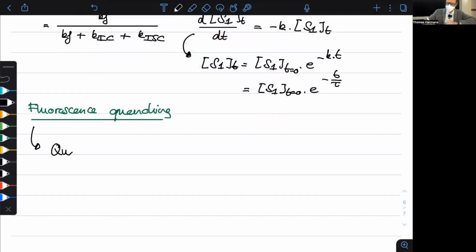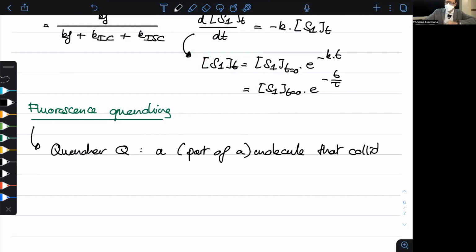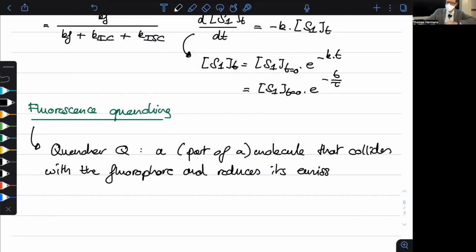So a quencher, Q, is a molecule or a part of a molecule that collides with the fluorophore and reduces its emission non-radiatively.